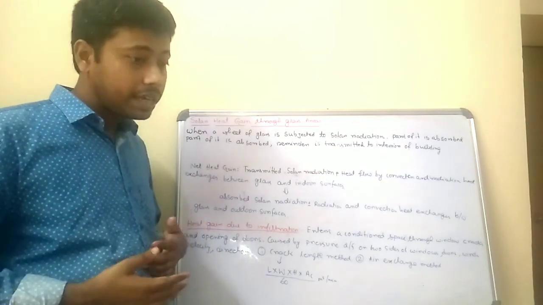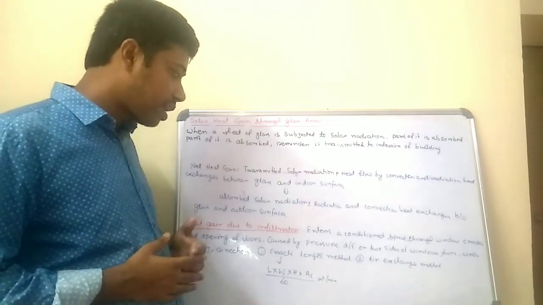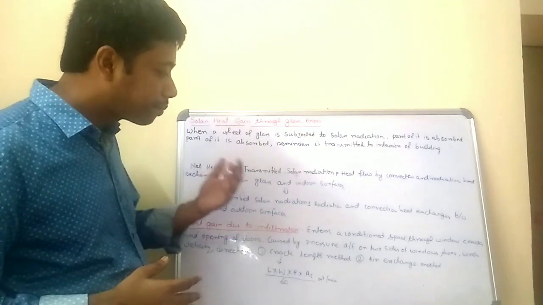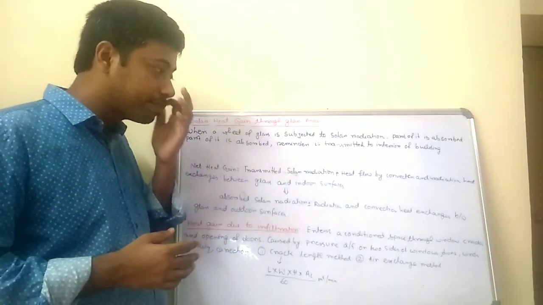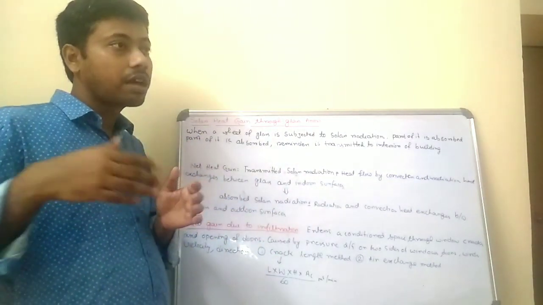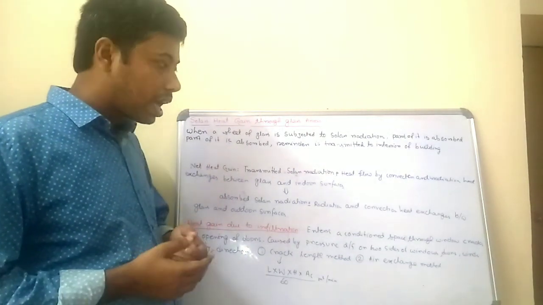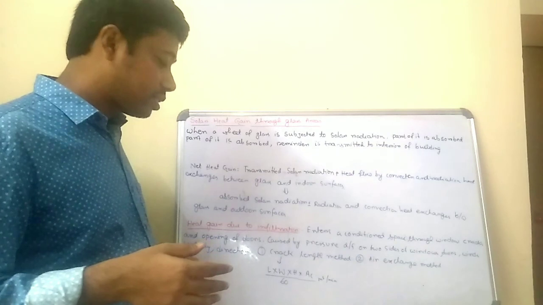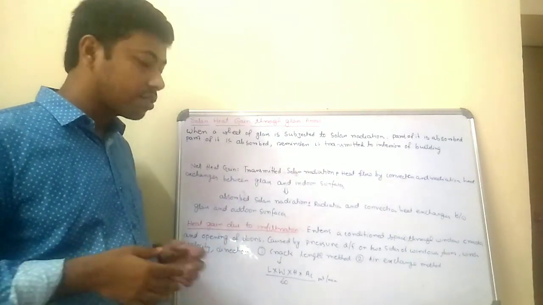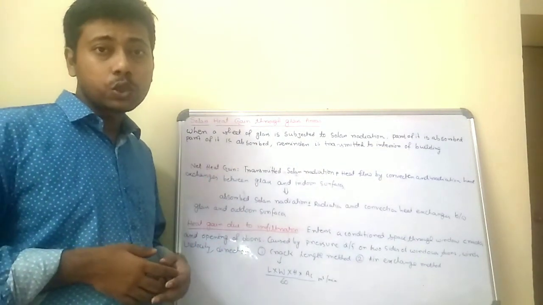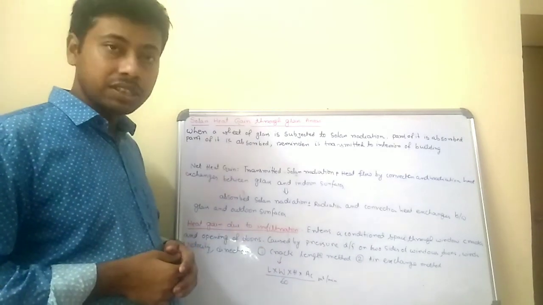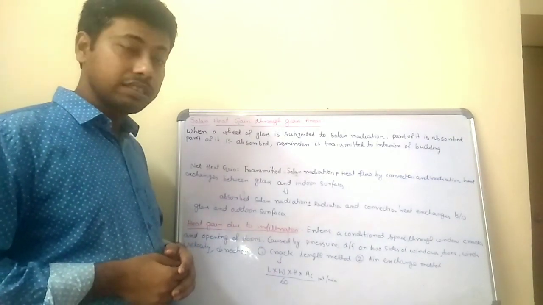So it is basically a measurement. What is the cause of that? The cause is that there is a pressure difference between the two sides of the window and door, outside and inside the room, and there are wind velocity and direction. There are two methods: the crack method and the air exchange method.